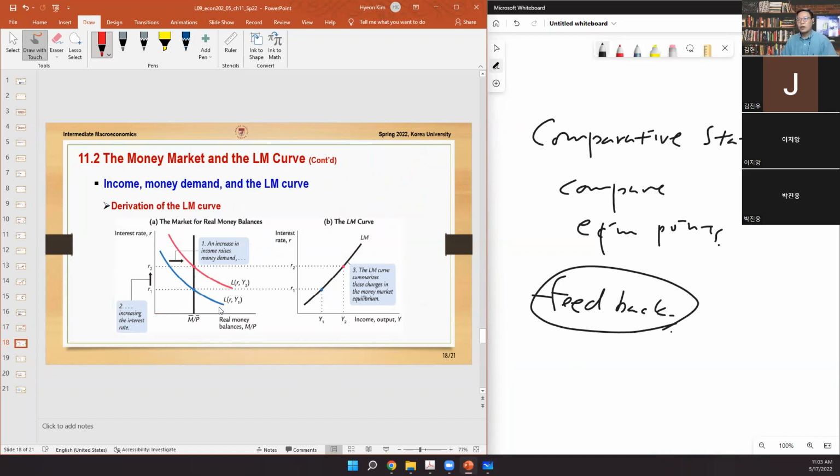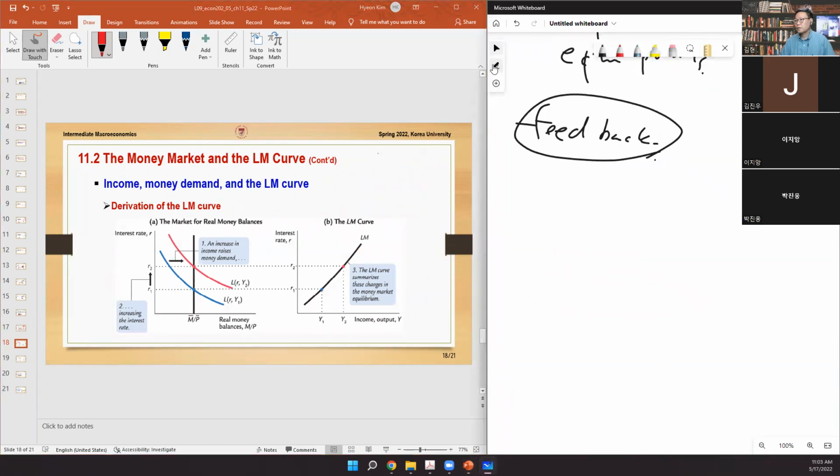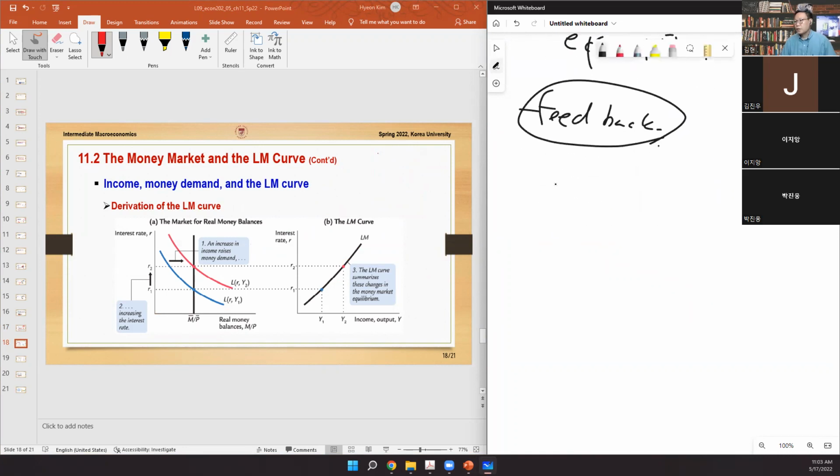Today we'll turn to how to derive the LM curve. Again, when you draw the IS curve, the IS curve depends on the real interest rate and output.